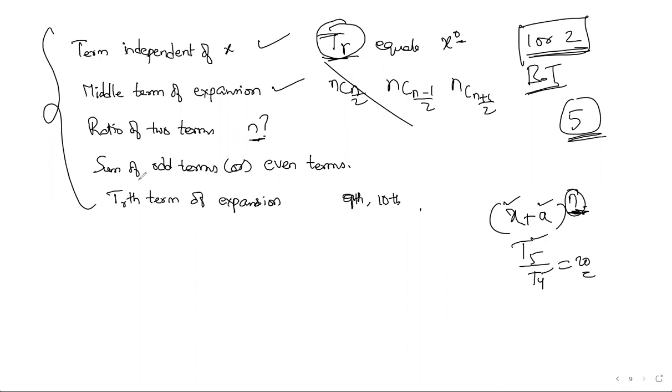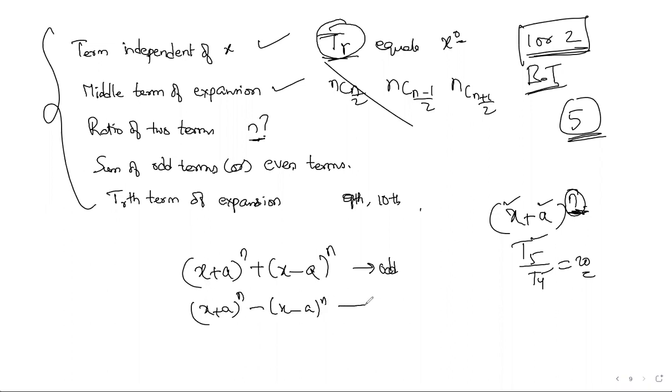If they ask the sum of odd terms or sum of even terms, we have already discussed: (x plus a) whole power n plus (x minus a) whole power n will give you the sum of odd terms, and (x plus a) whole power n minus (x minus a) whole power n will give you the sum of even terms.